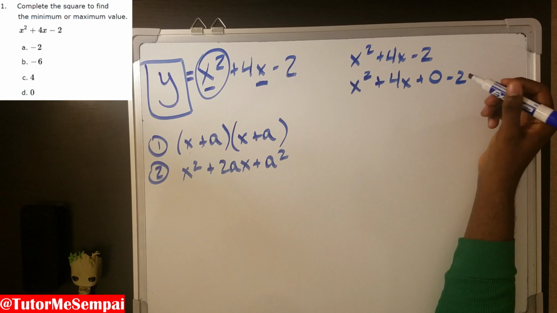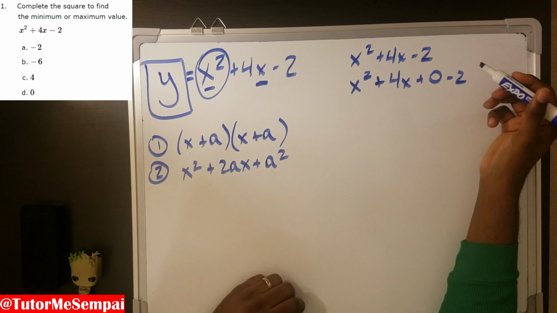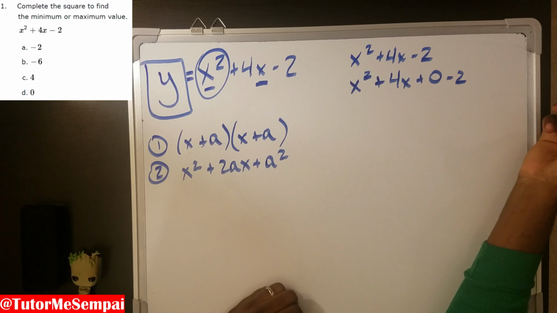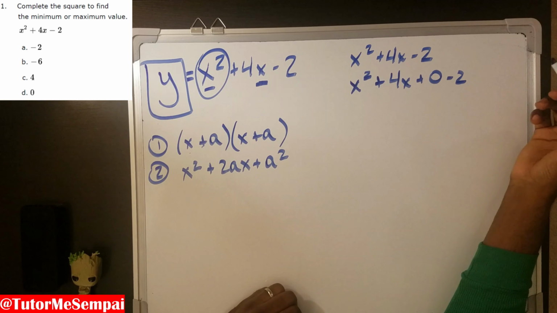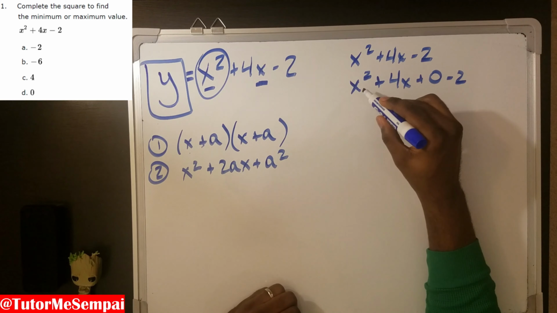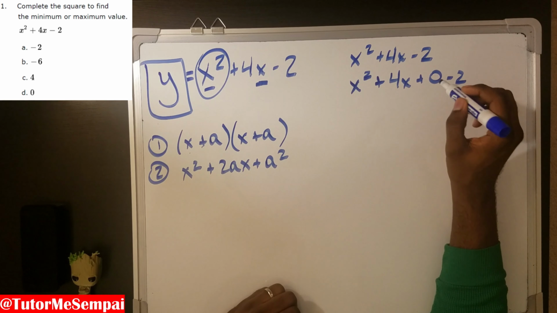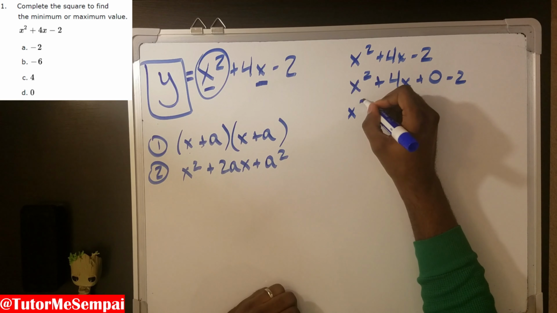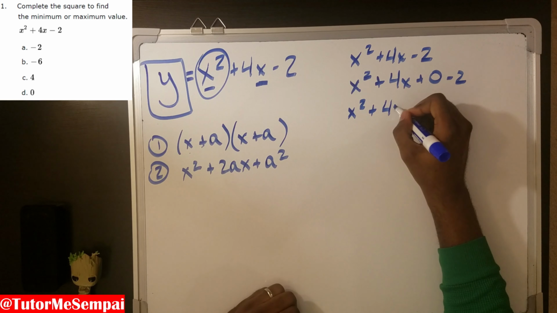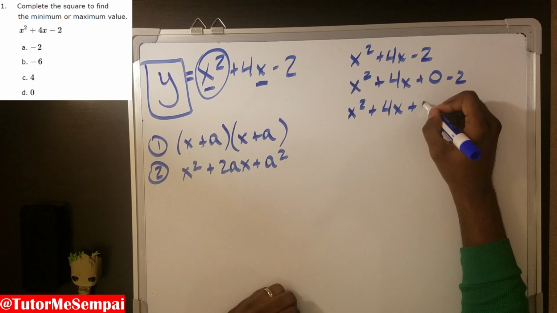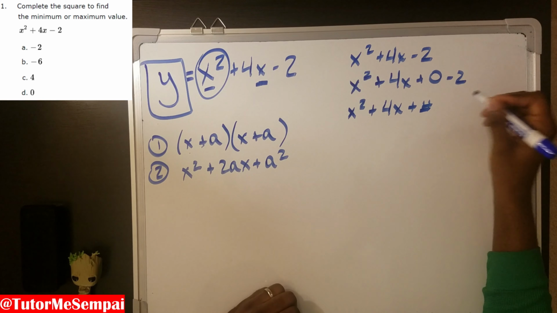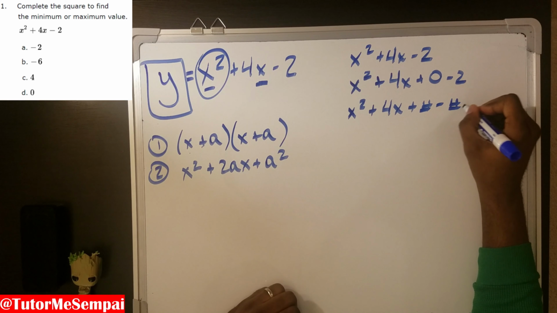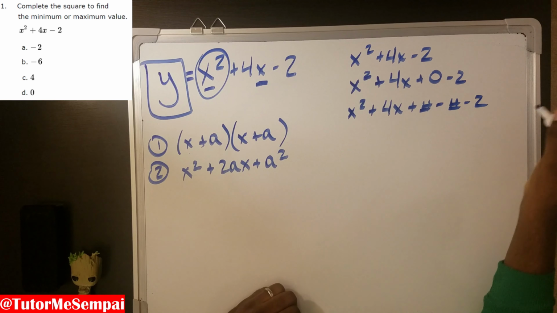Now, you might not think that adding 0 is going to change anything, because adding 0 to anything doesn't change anything, right? That's the whole point. Adding 0 keeps the value the same, but I can change how 0 looks by simply adding some random number and subtracting some random number.